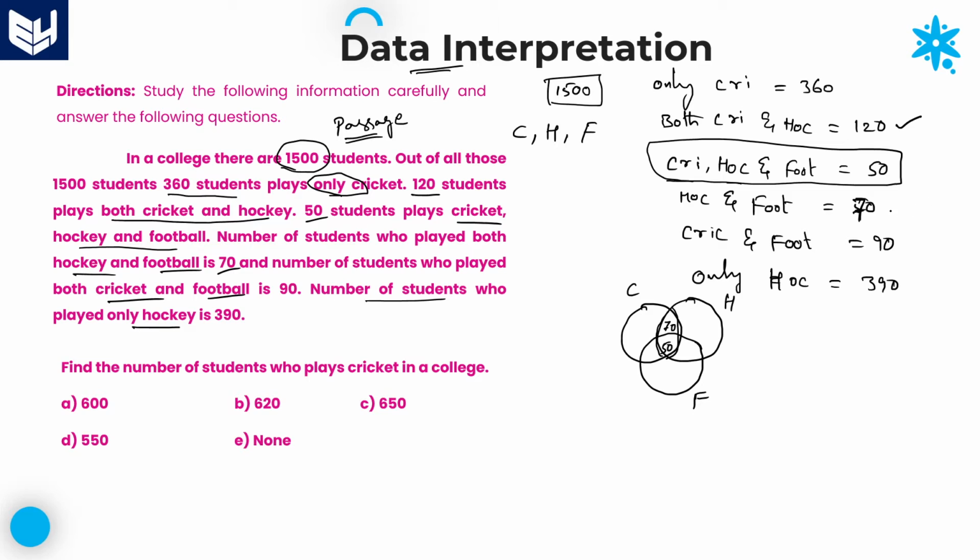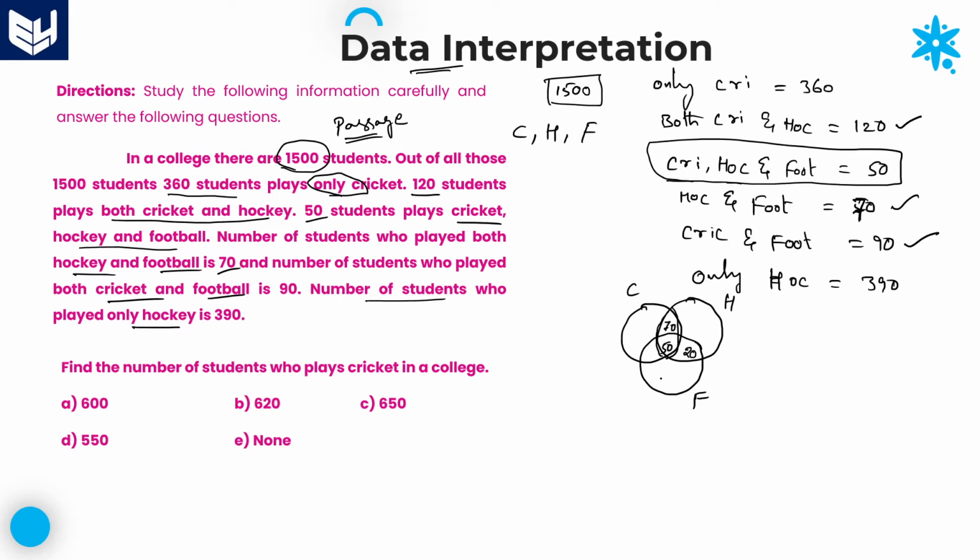Next, coming to hockey and football: it is 70, the intersection of hockey and football. Already 50 is at this position, so 20 is left over. Next, cricket and football is 90.